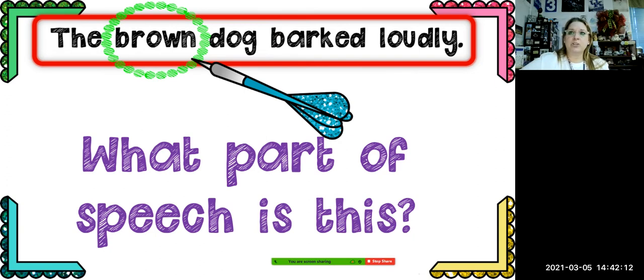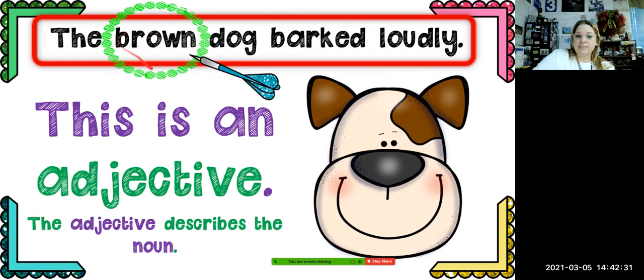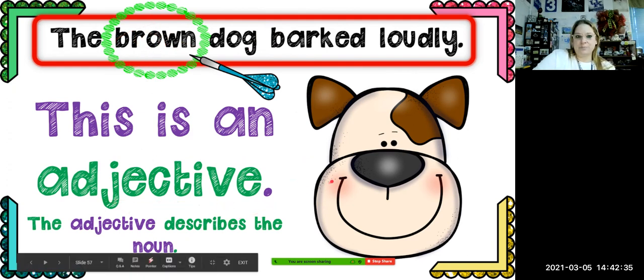What part of speech is the word brown? Well, I know that brown is describing the dog, and I know that words that describe a noun are adjectives. So the word brown is an adjective. Remember, adjectives describe the noun.